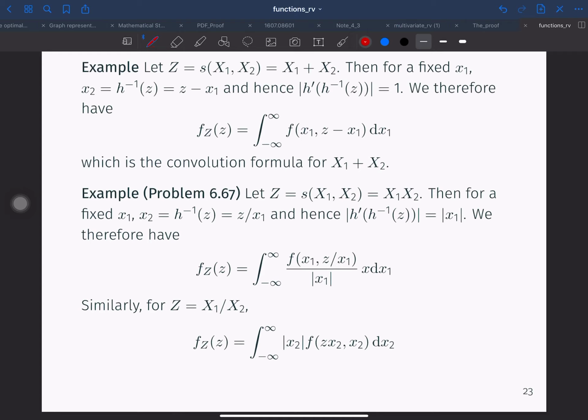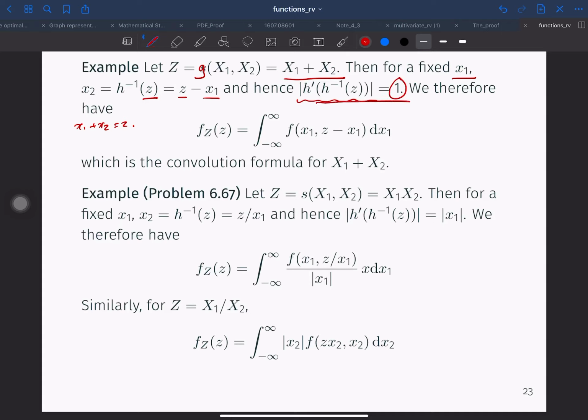So let's go back. Suppose the function g is now the sum, x1 plus x2. Then for a fixed value of x1, the inverse at z is just z minus x1, because x1 plus x2 is equal to z. And so the Jacobian in that case is simply 1.